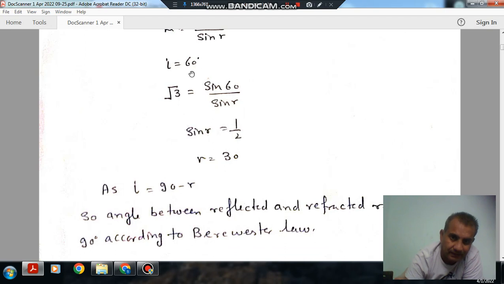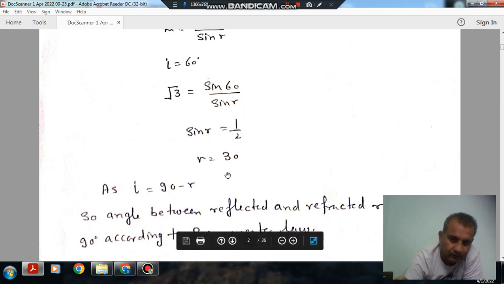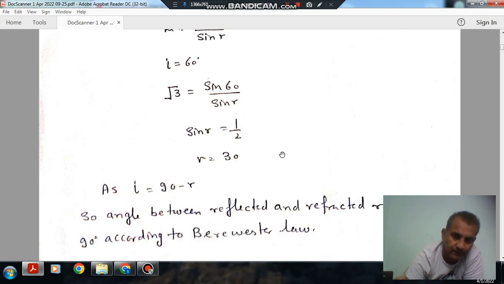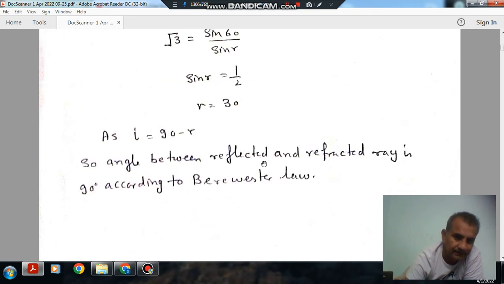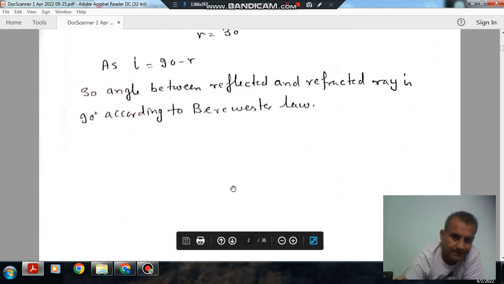On one side there is the refracted ray, and on the other side there is the reflected ray, and the angle between them will be 90 because they form a straight line. So the answer is 90, according to Brewster's law.